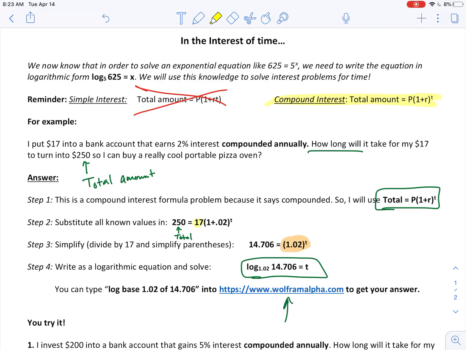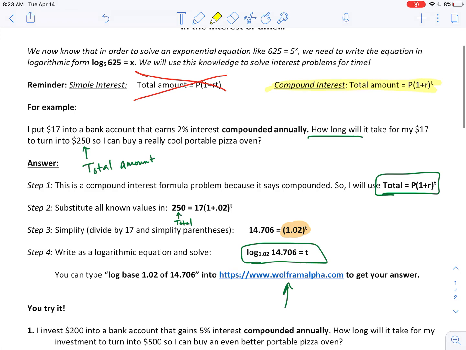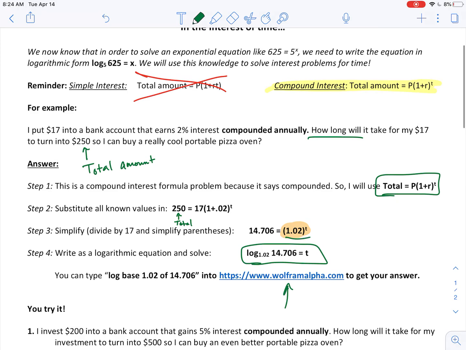So the first thing you're going to do every time is set up your equation. After you set up that equation, we will always divide by the principal first, and then simplify the parentheses. So I divided 250 by 17 to get 14.706. I simplified my parentheses to get 1.02.